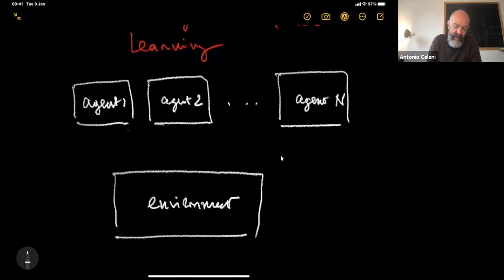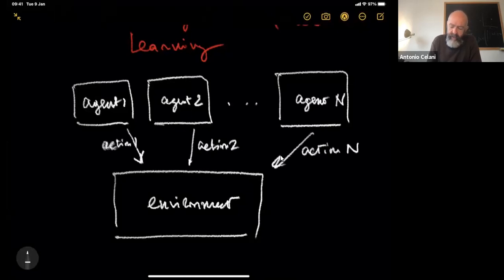So there is an action for agent 1, an action for agent 2, and so on. All these actions feed into the environment. Okay, so they determine changes of the relative situation between the agents and the environment.